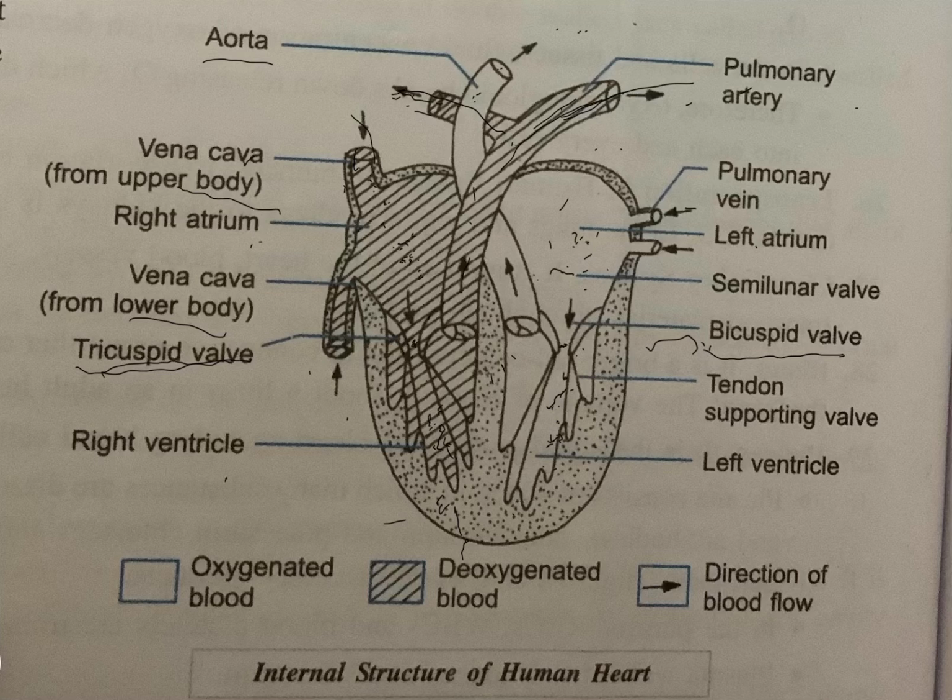And systemic circulation is the circulation maintained by the left ventricle, which sends the blood into the aorta. The aorta divides into arteries and arterioles and finally capillaries and then supplies the oxygenated blood to each and every cell.